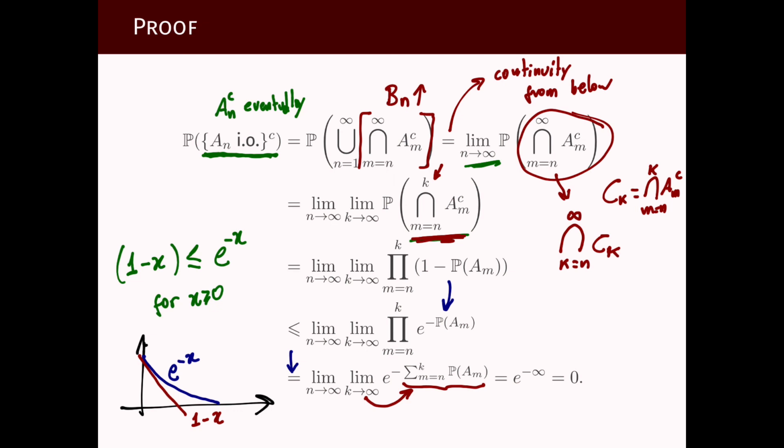And as such, the exponential will tend to e to the minus infinity, and that is 0 for every n. This is 0 for every n, and then taking the limit over n doesn't change anything. We're still with 0. So we just showed that this probability actually is 0, because it is equal to something which is less than something, which again continues to be equal, and equals 0. So if a probability is less than or equal to 0, then it is 0.